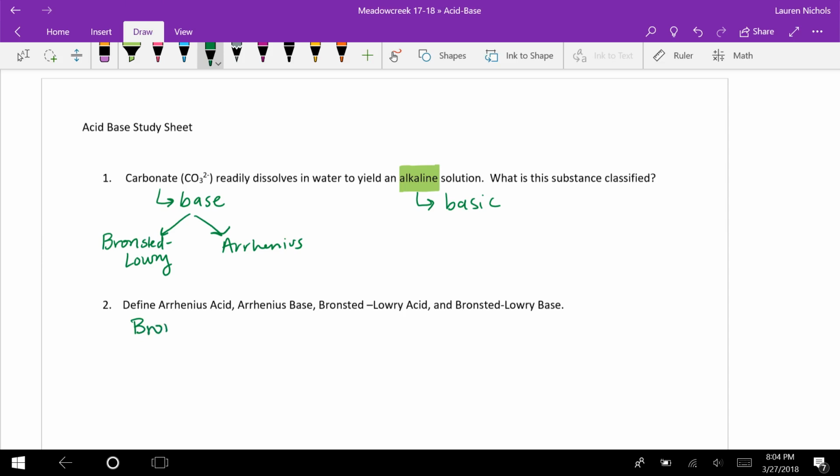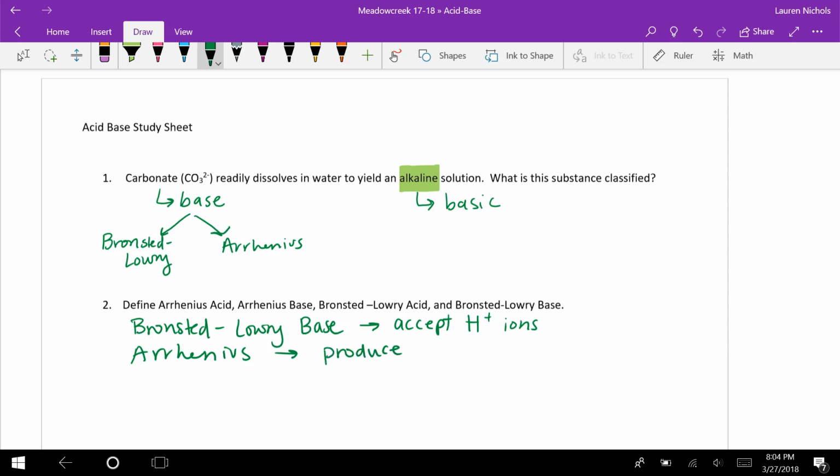But a Bronsted-Lowry base is one that is going to accept H+ ions, and an Arrhenius base is one that will produce OH- ions.